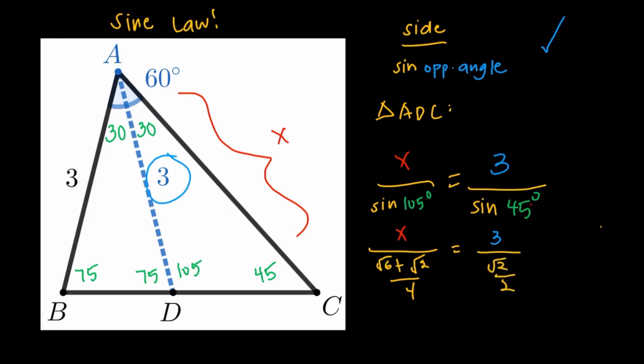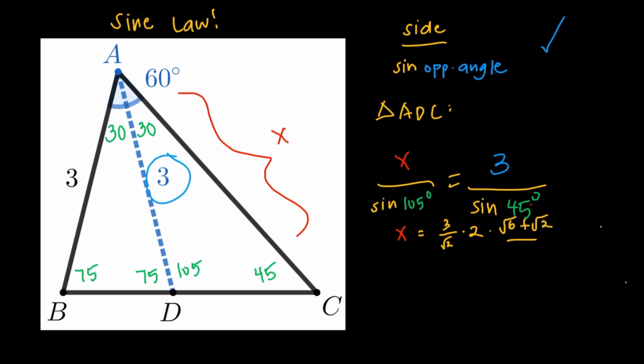Now we could solve for x here. Let's multiply both sides by the square root of 6 plus square root of 2 divided by 4. So we should get that x is equal to 3 divided by square root 2 over 2, that's for the 3 over sine 45. Write this as times 2, and then the sine 105, which is square root of 6 plus square root 2 all over 4.